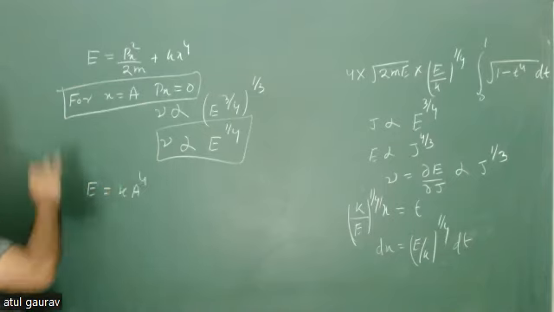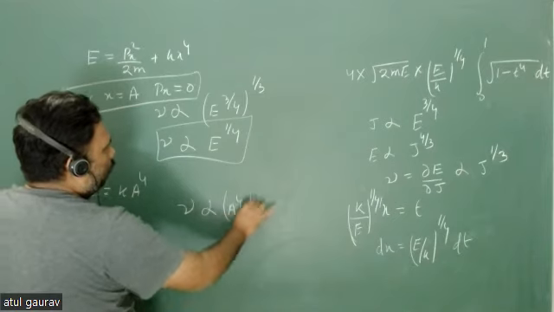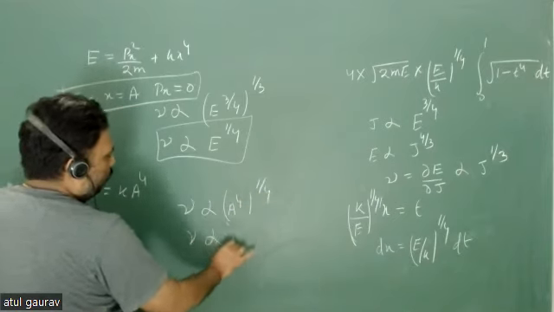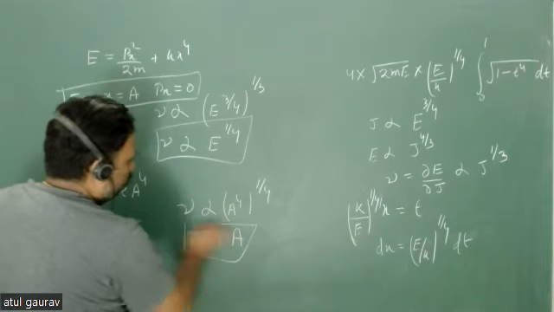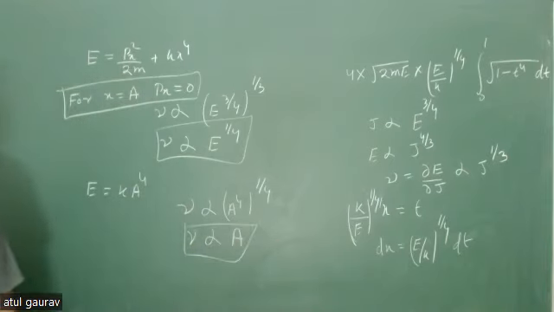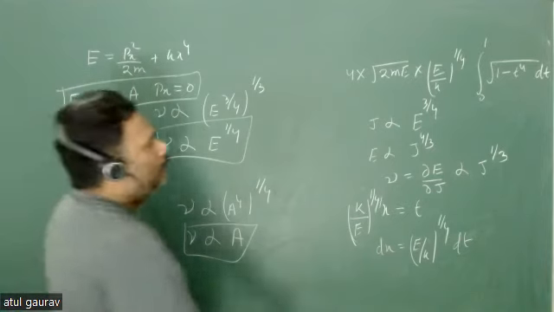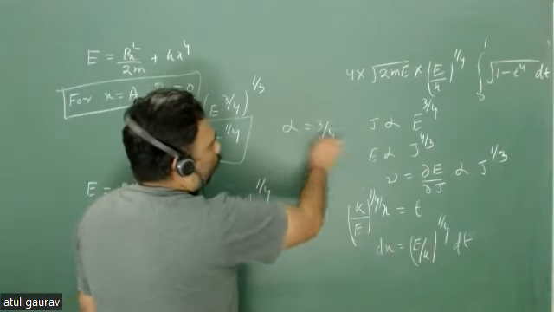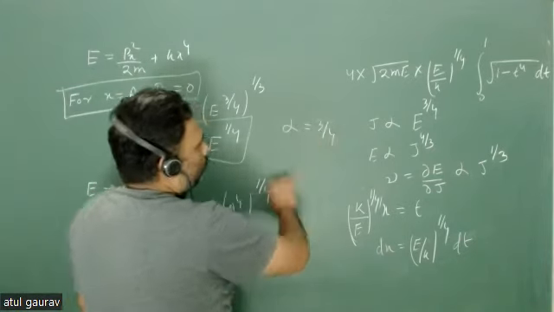So frequency is proportional to a to the power 4 to the power 1 by 4. So frequency is proportional to amplitude, isn't it? So what is value of alpha? Alpha क्या आ गया? 3/4. What is value of beta?